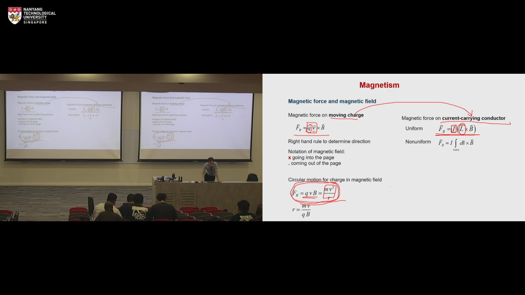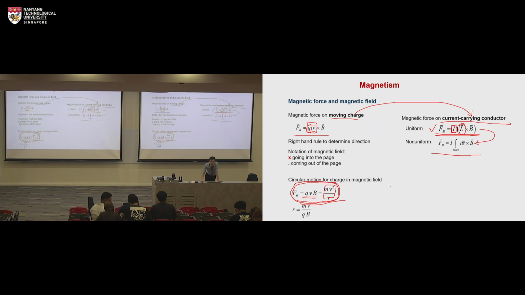And this one applies only, just like any other formula, when you have all the parameters being uniform, that is to say constant I, constant L, constant B. Then you can use this one directly. If any one is not constant, then you will need to do it this way. Again, the idea is the same.